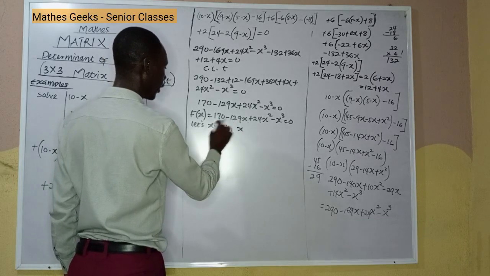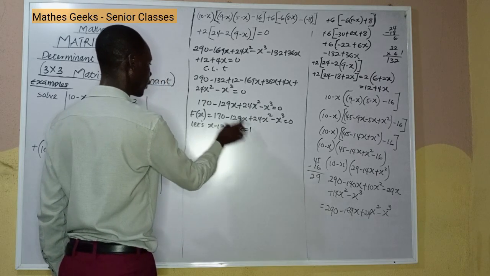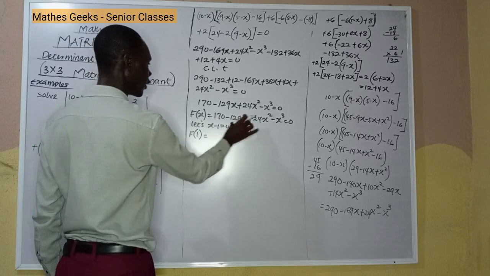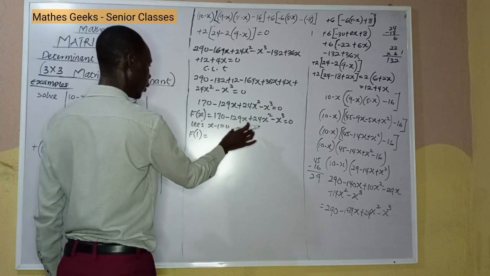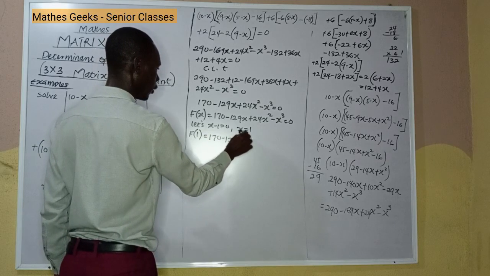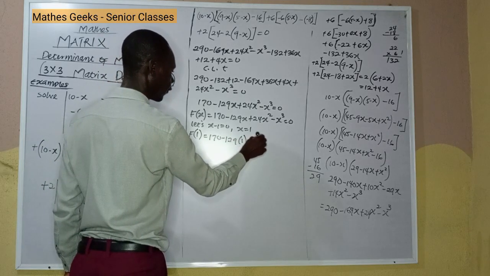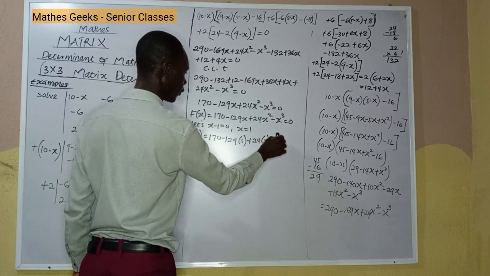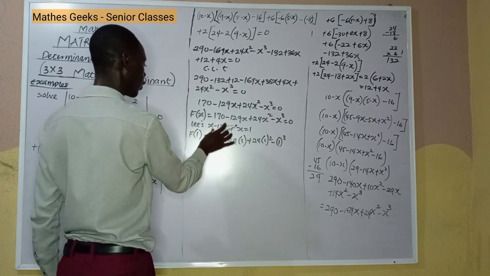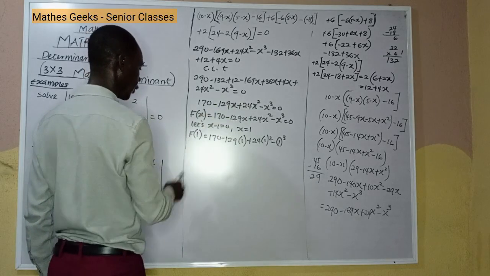It implies that x is equal to 1. So put 1 in place of x here. So f(1) equals to, anywhere we see x in this expression, we're going to put 1 in place of it: 170 minus 129 times 1 plus 24 times 1 squared minus 1 raised to the power 3. If it's equal to 0, that means x minus 1 is a factor of this polynomial.